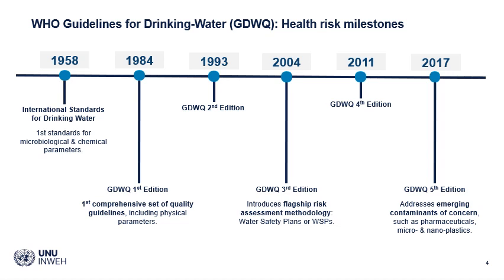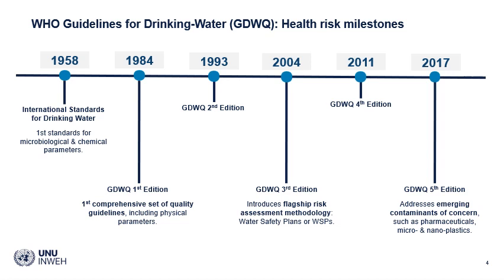These guidelines importantly introduced health-based targets or baselines for drinking water quality globally. In 1984, the WHO disseminated the first comprehensive guidelines covering microbiological, chemical, and physical parameters.